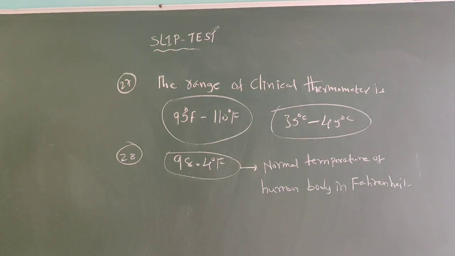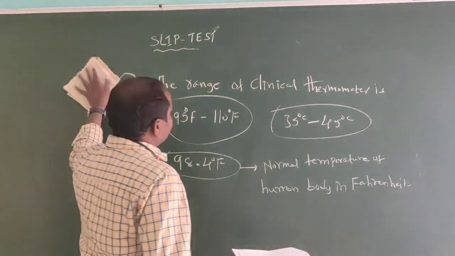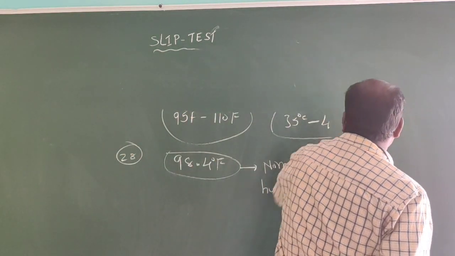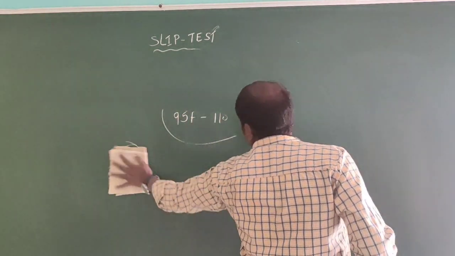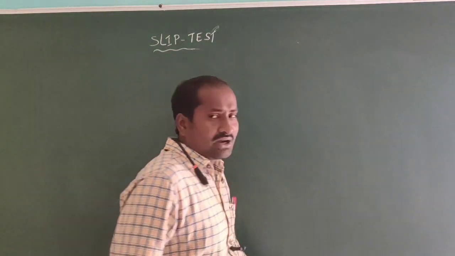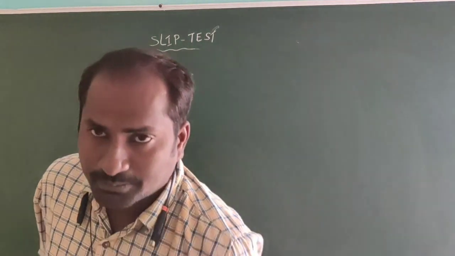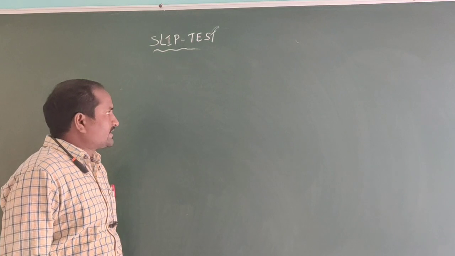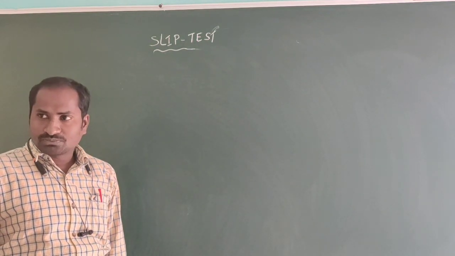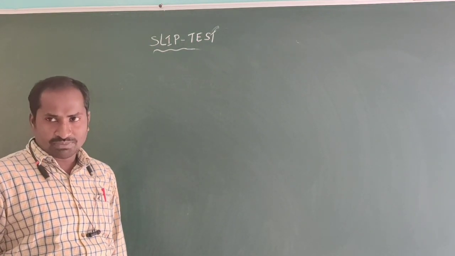Next, 29th one. If two systems are in thermal equilibrium, then they should have equal temperature. When two different bodies, a hot body and a cold body, contact each other, we know that heat always goes from the higher temperature to the lower temperature.